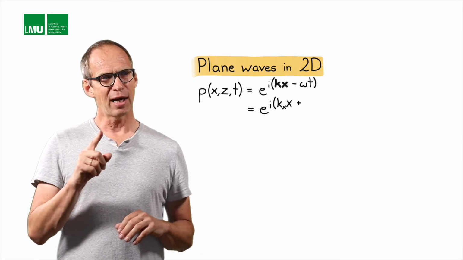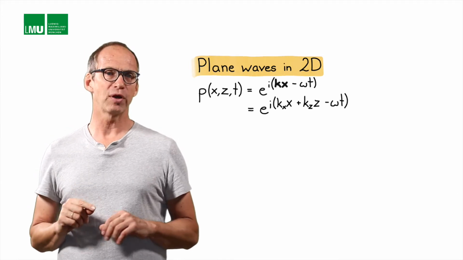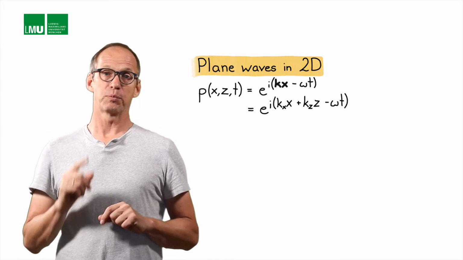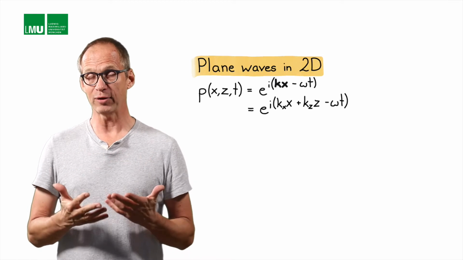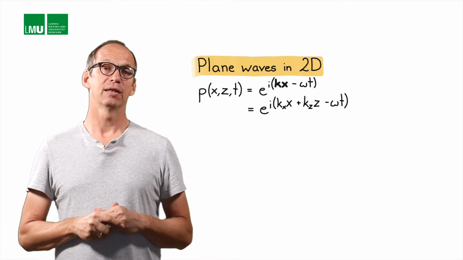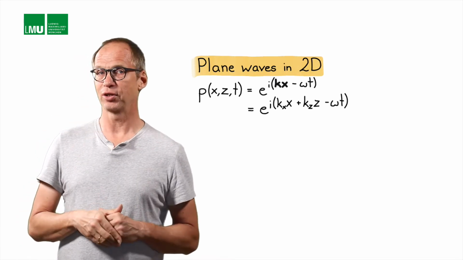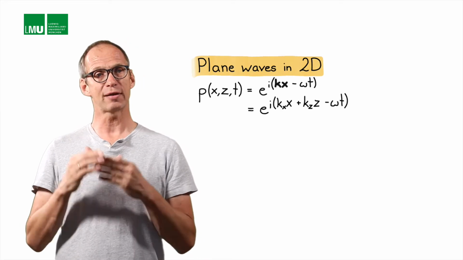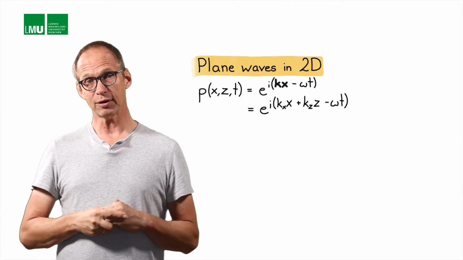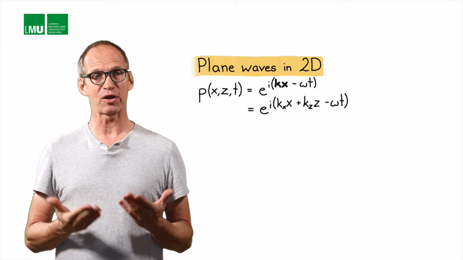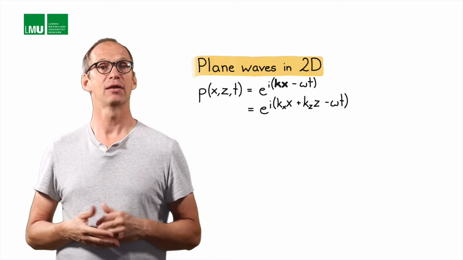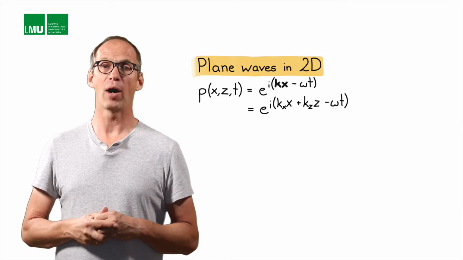You see here k and x in boldface, so these are both vectors. k is the wave number vector, I explain that in a second, and x is the position vector. So that's a vector product, and if you write it out, it's kx x plus kz z.